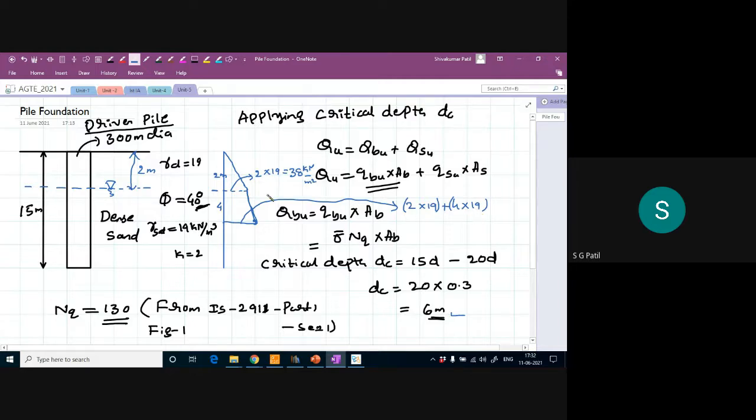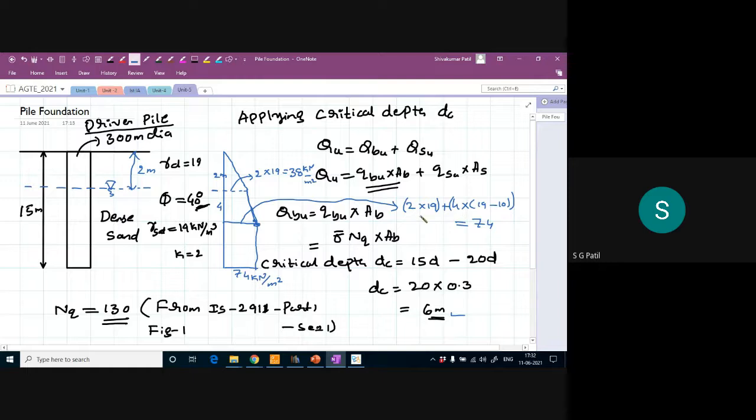But here the soil is under submerged condition, right? So I have to take 19 minus the unit weight of water, 19 minus 10. How much are you getting? 74, sir. So this is my 74. From here it will remain the same. So this is also my 74 kilonewton per meter square.